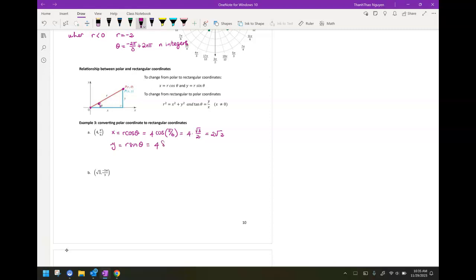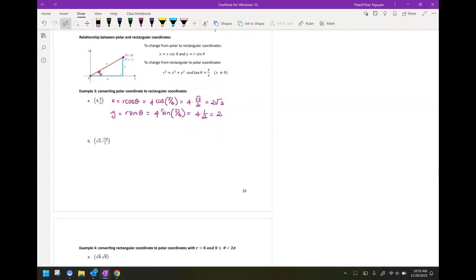That is 4 times sine of pi over 6, which is 4 times 1/2. That is 2. In the next case, we have x equal to root 3 times cosine of negative 5 pi over 3.